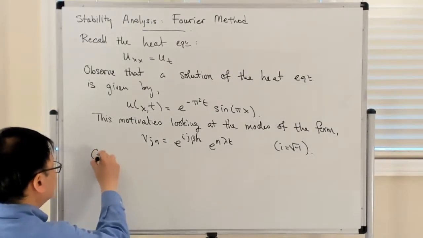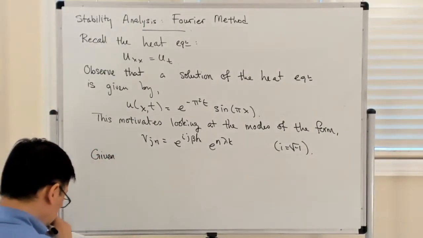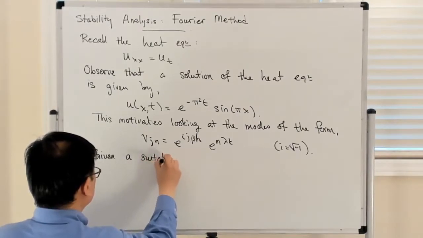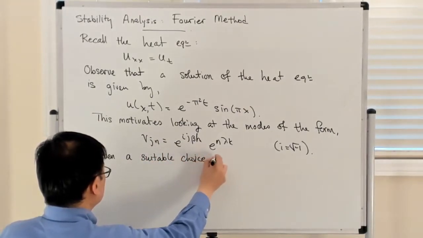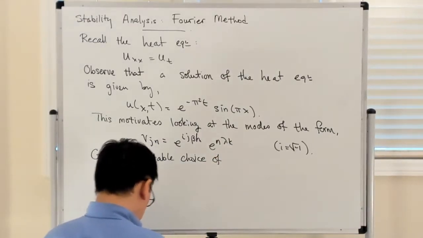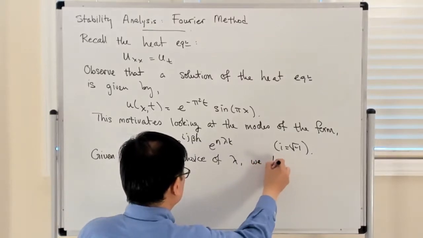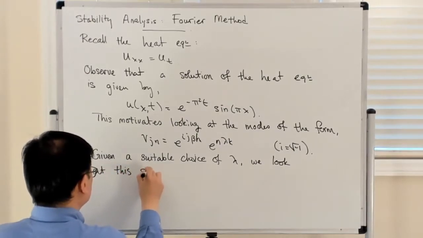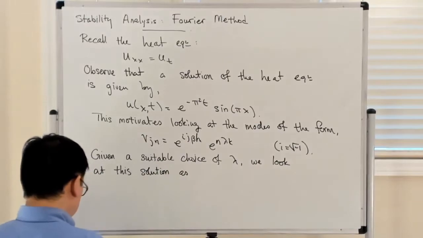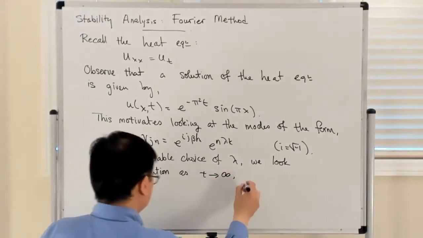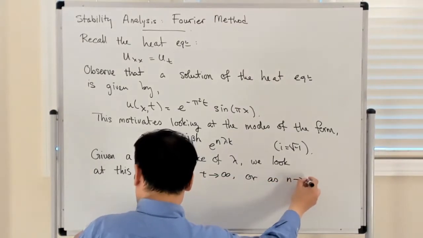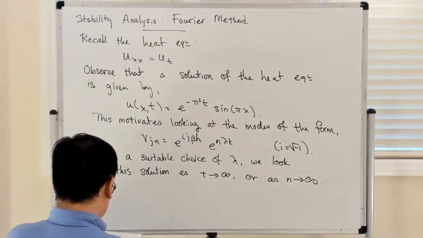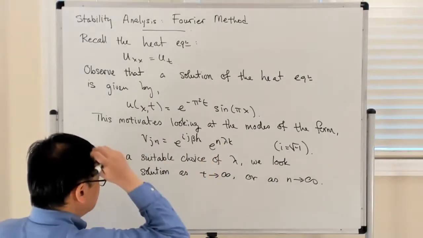Given a suitable choice of lambda, we look at the solution as t goes to infinity, or as n goes to infinity. Basically, this is the temporal behavior, and you're trying to look at whether there's blow up.